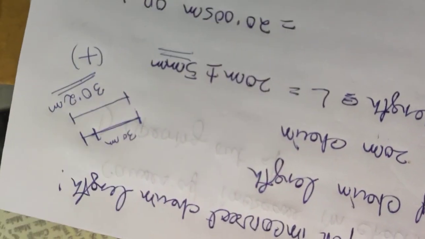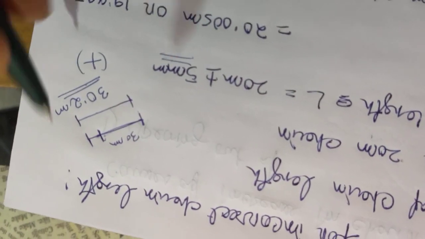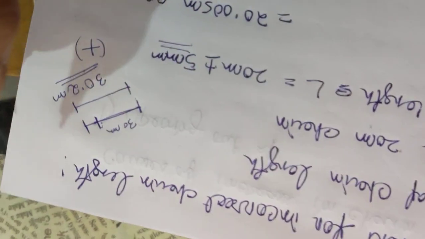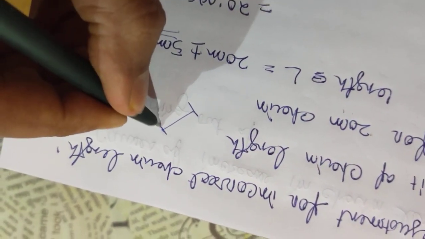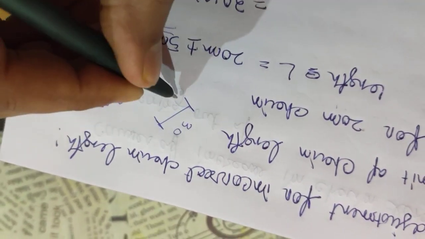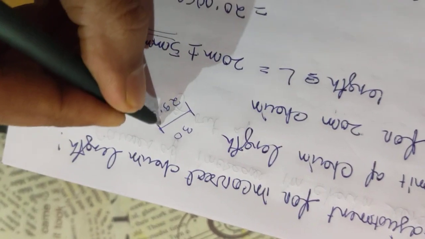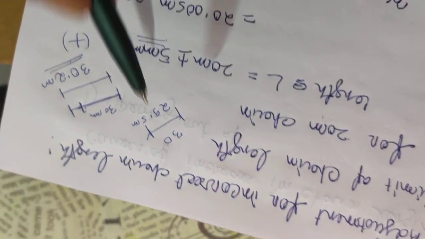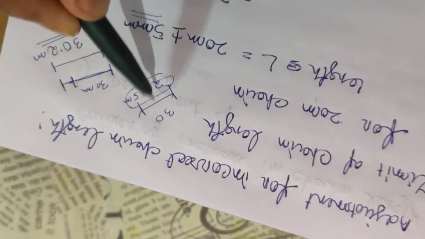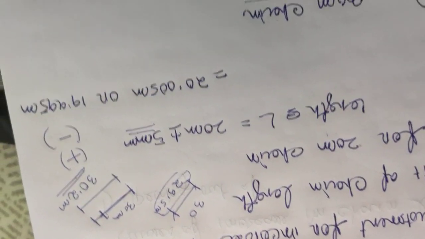But if the chain that we are using is shorter than 30 meter, suppose we are using a chain of 30 meter, but due to various defects, it has become 29.5 meters. So it is actually shorter than the original length. So if it is shorter than the original length, then the correction that we need to apply is negative.